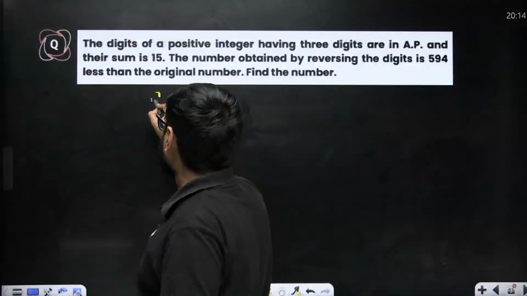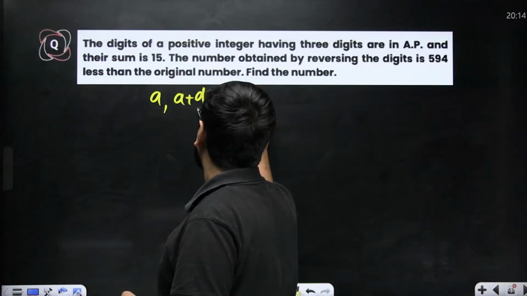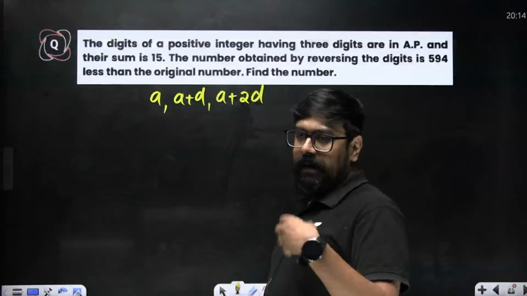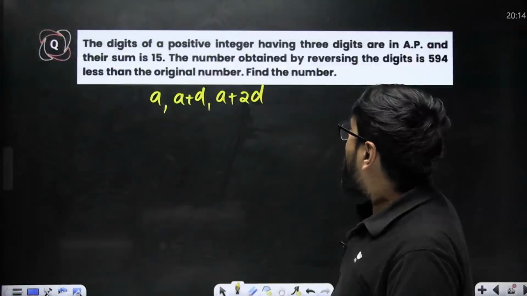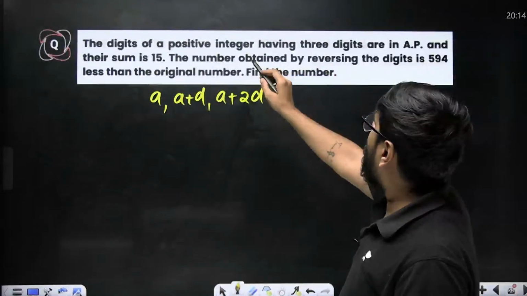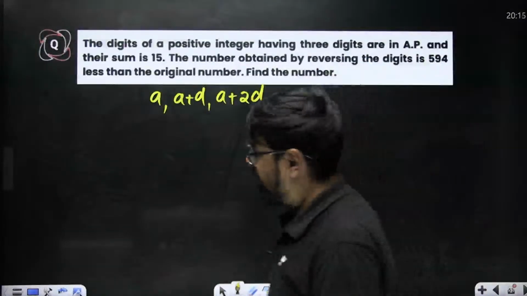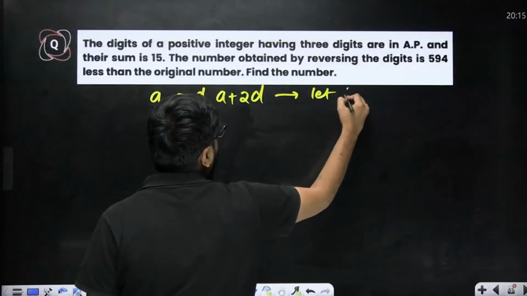Suppose I assume any 3 terms of AP like this: a, a plus d, a plus 2d, a term plus difference plus 2 times difference. The question says the digits of a positive integer having 3 digits are in AP and their sum is 15.